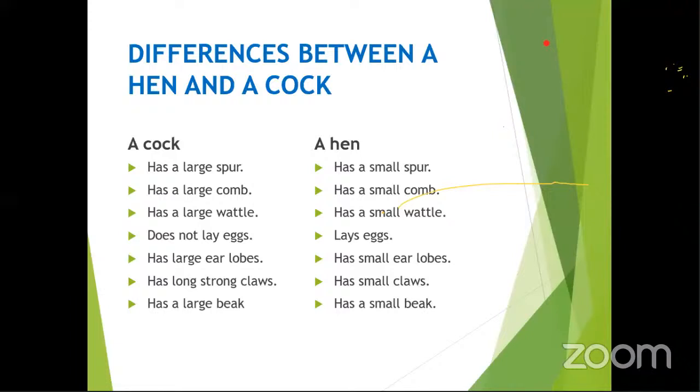If you're talking about the comb for the cock, talk about the comb for the cock and the comb for the hen. Don't mix them. If you say a cock has a large comb while a hen has a small wattle, your answer will be wrong. So those are just rules that we have in science. You don't mix them. Okay.